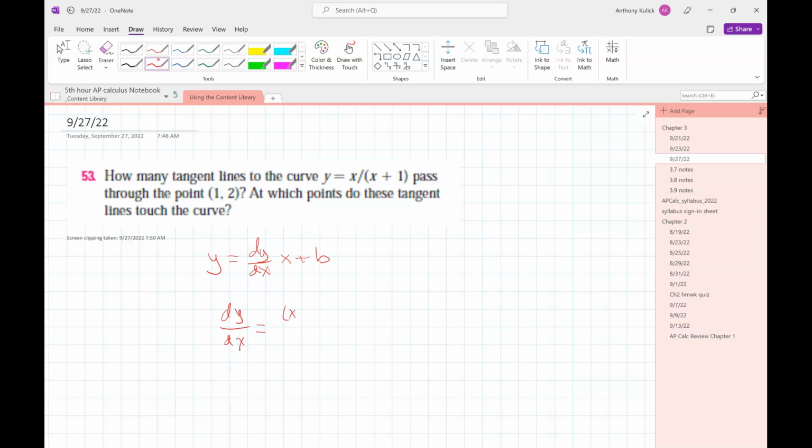So that's going to be the denominator times the derivative of the numerator minus the numerator times the derivative of the denominator, all over the denominator squared. So when I do that, I get (x + 1 - x) over (x + 1) squared, or 1 over (x + 1) squared.